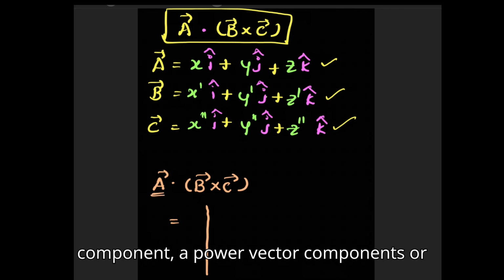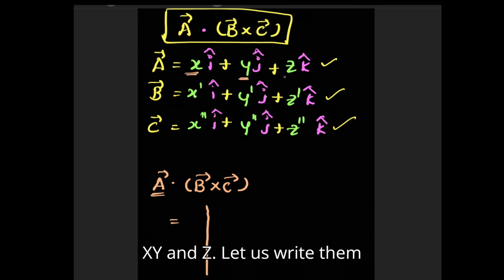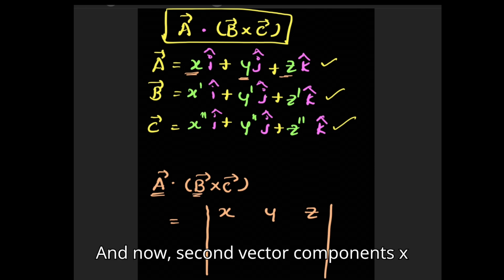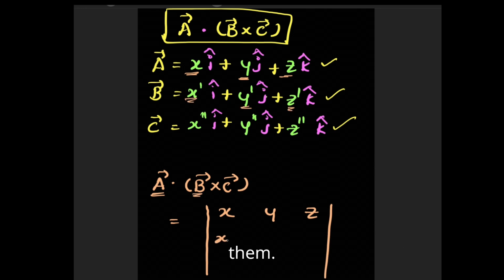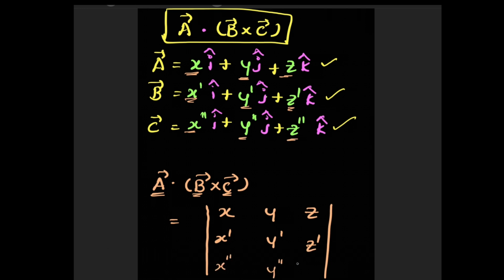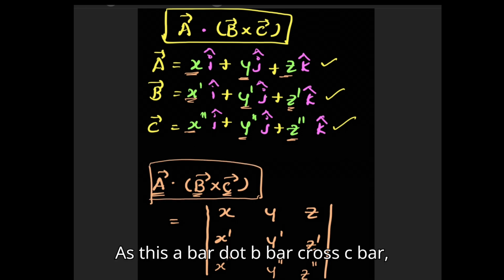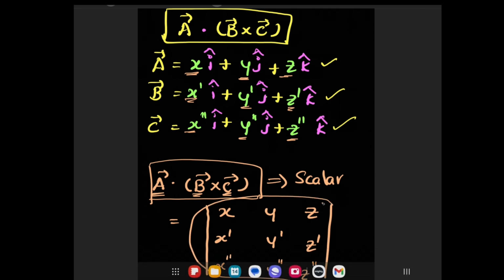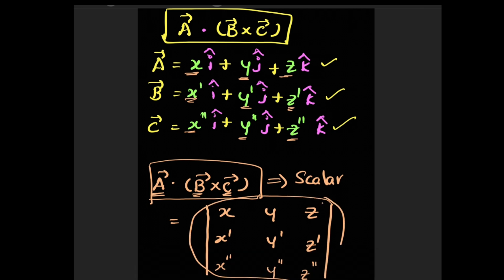That is, the first vector a bar components are x, y and z. Now second vector components x prime, y prime and z prime. And third vector components x double prime, y double prime and z double prime. As this a bar dot b bar cross c bar, which is scalar triple product, it leads to a scalar quantity. That is why we do not have any directional specification in this.